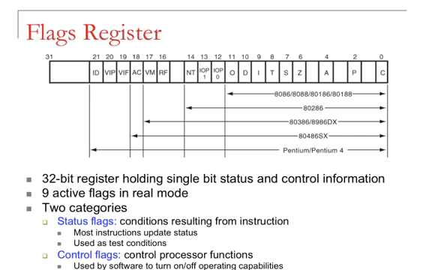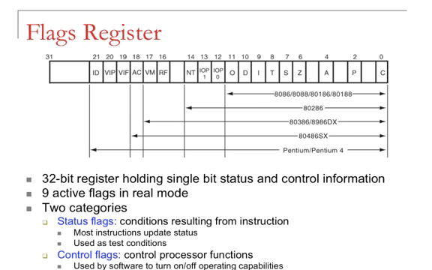Okay, we are now going to look at this flags register. In Intel 386, before Pentium, we have a 32-bit register holding single-bit status and control information.